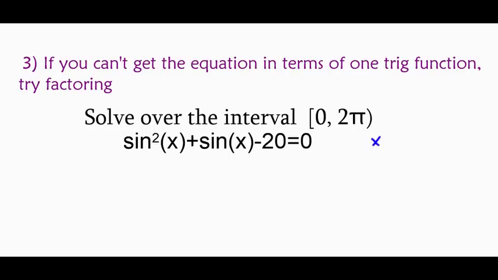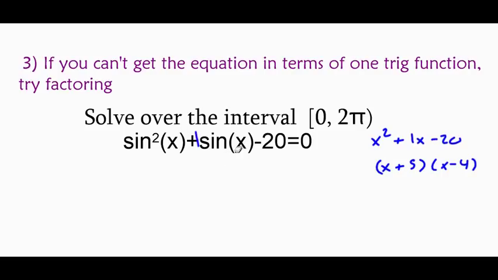Now let's consider something like this for a moment. x squared plus 1x minus 20. I know that this factors to be x plus 5 times x minus 4. Just using the old techniques. We're going to do the same thing here.